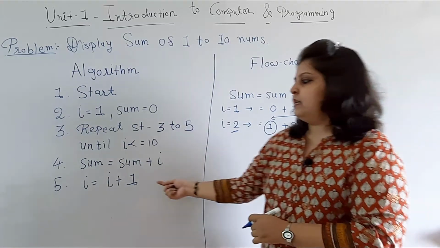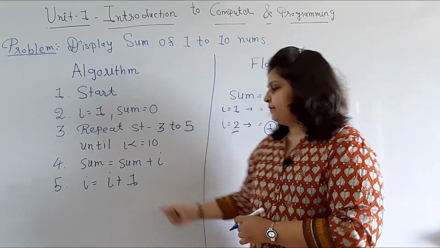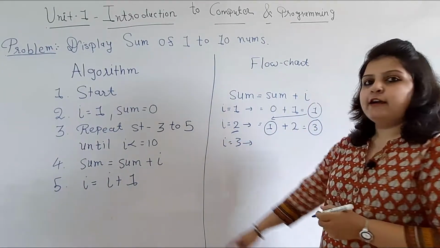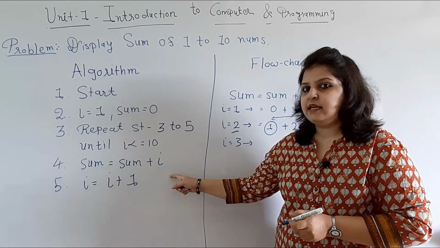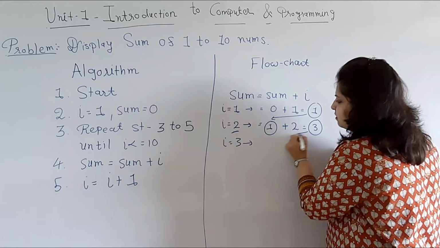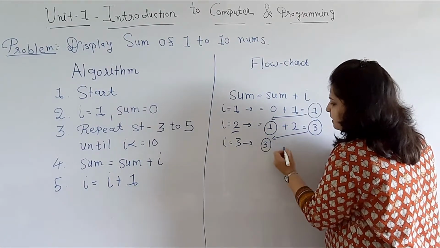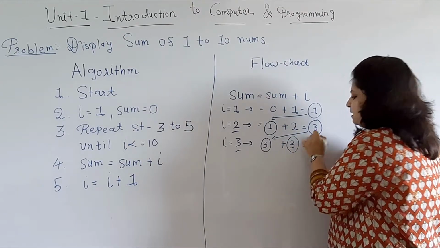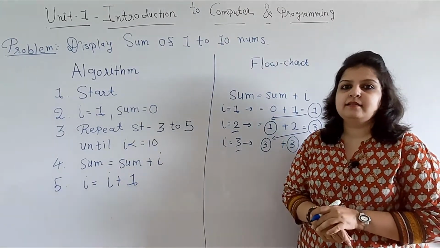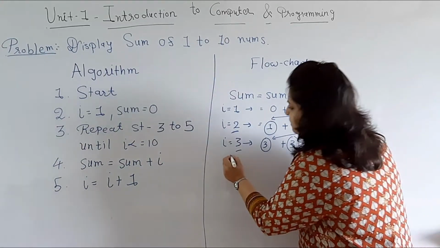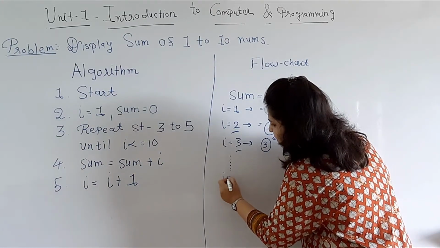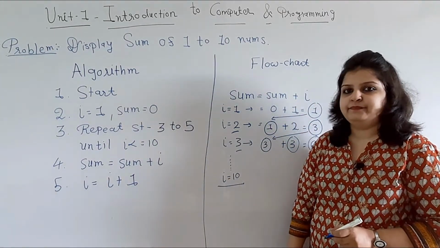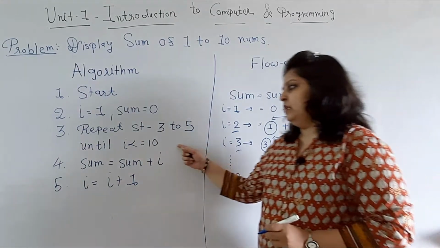Again I is equal to I plus 1, so I becomes 3. And again sum is equal to sum plus I. Now the updated sum is 3 and the updated I is also 3, so 3 plus 3 gives 6. In this way the process is done in repetition until I becomes 10.